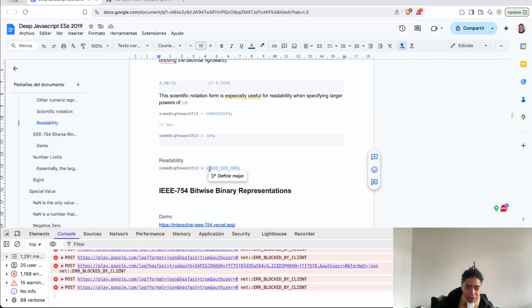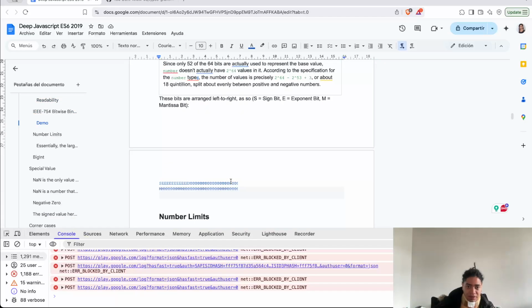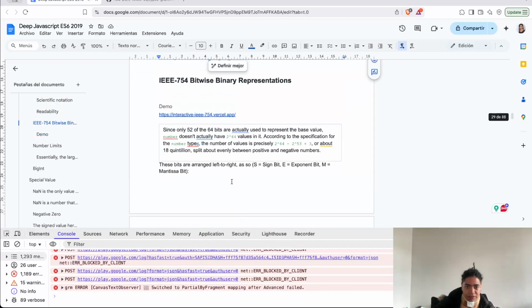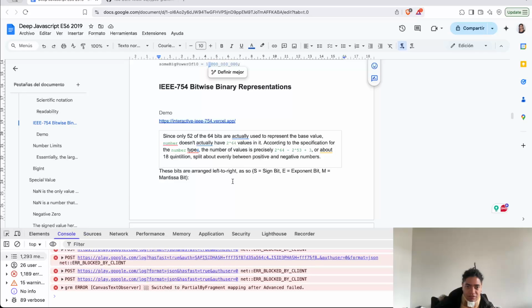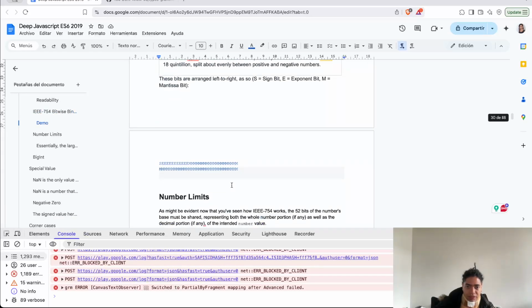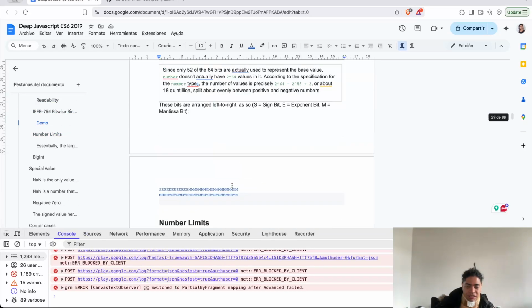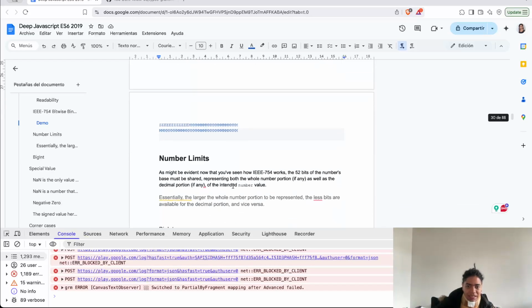This is the entire TLDR of IEEE 754, right? It has some limits to represent that, all right? And the limits exist because of the bits available to represent the whole number portion and the decimal portion, right?